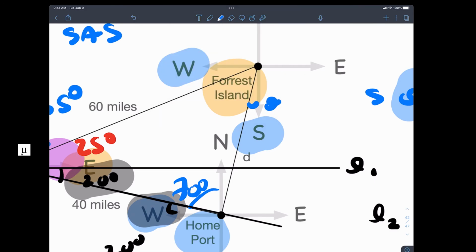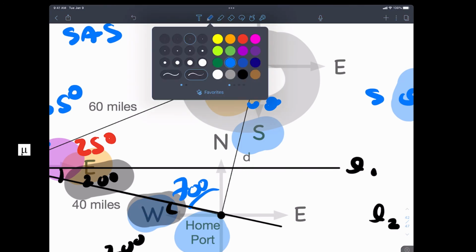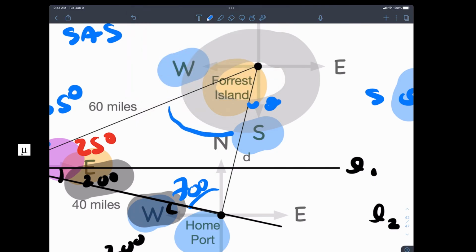Okay, so you're saying you want to find that whole angle. Yeah, it's Forest Island. I understand. Inside the triangle around Forest Island. So everybody can understand, you want to find that angle. Now, let's say you find that angle. Let's say you call it alpha. Now what? Straight.